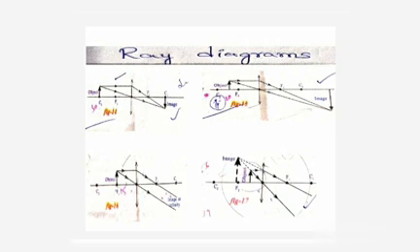In the previous class we discussed image formation by a convex lens. For that we discussed the ray diagram, and the situations of the object at infinity and the object beyond the center of curvature are completed. Now we are discussing one more situation, the object placed at the center of curvature. When the object is placed at the center of curvature, one ray travels parallel to the principal axis and passes through the focus, and another ray passes through the optic center.